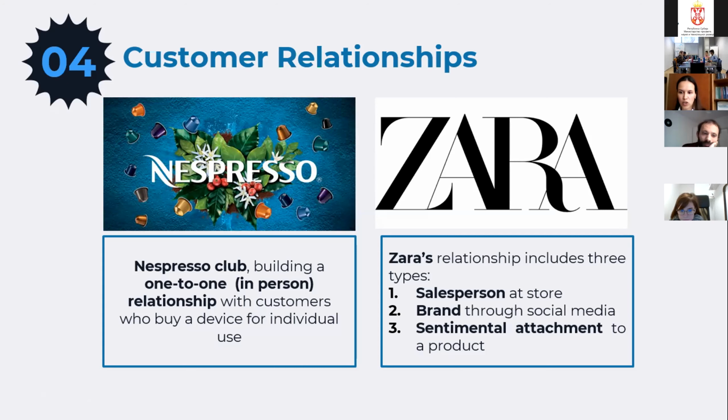Zara's relationship includes three types of relationships. Salesperson at store. This is the one-to-one relationship in person. Then through brand and by sentimental attachment to a product.